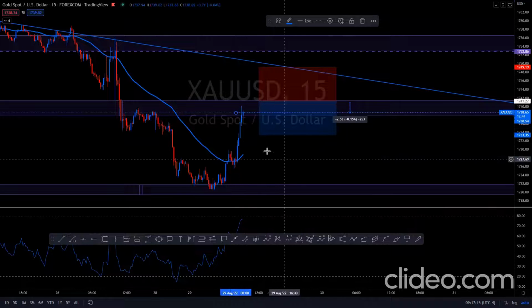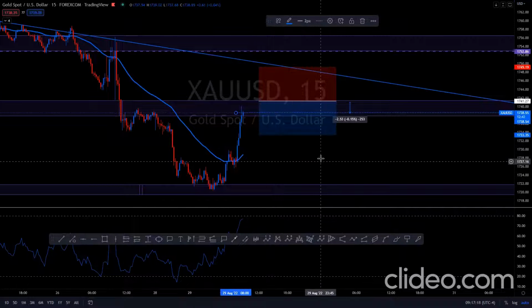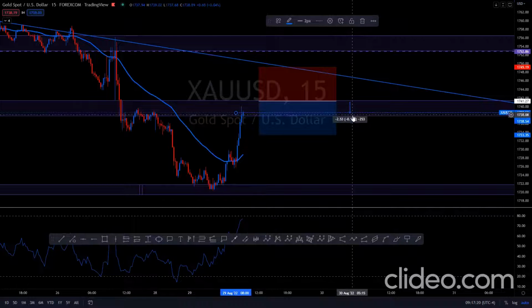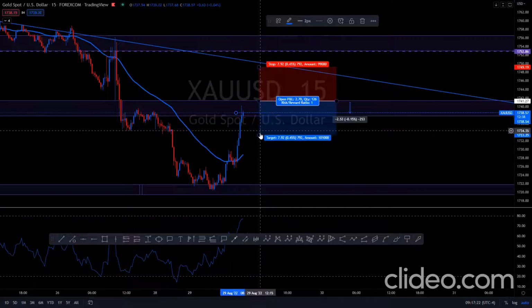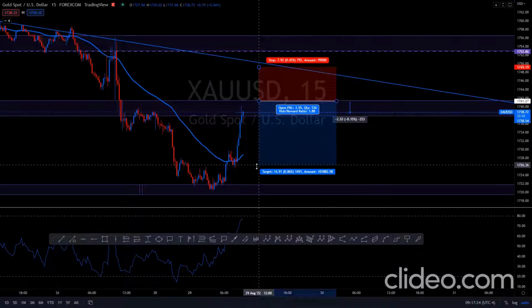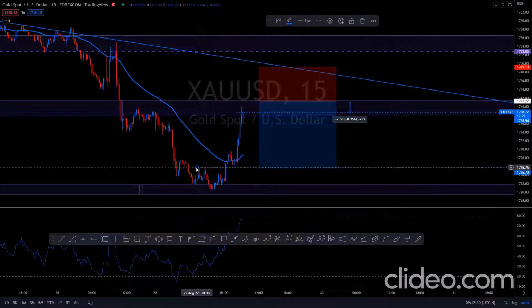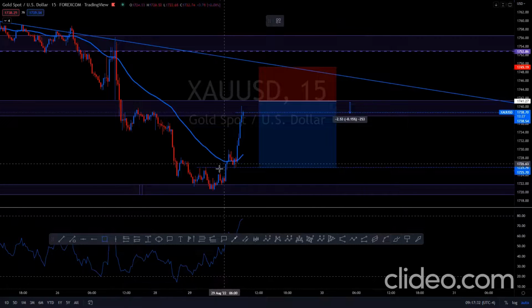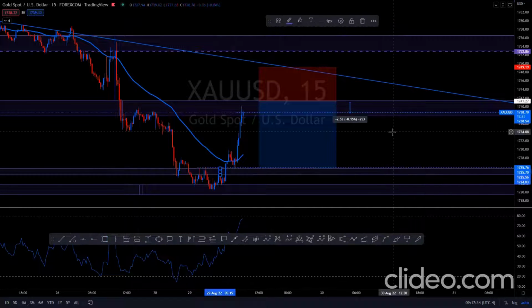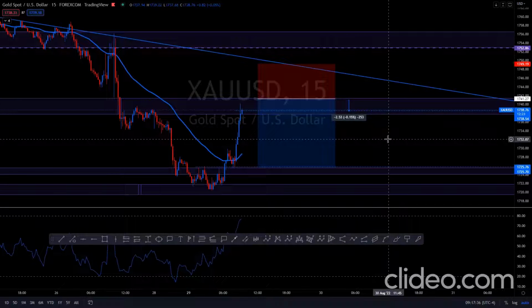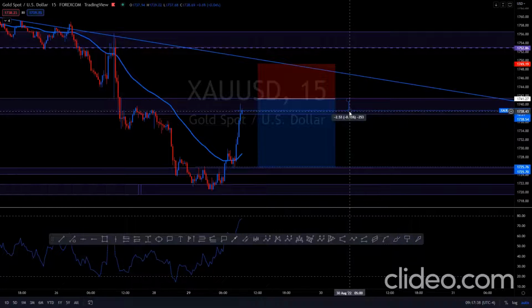All right. Now, ultimately, I'm looking to target, since this was a huge move, this liquidity down here. Draw the zone right here. That's what I'm looking for, ultimately.